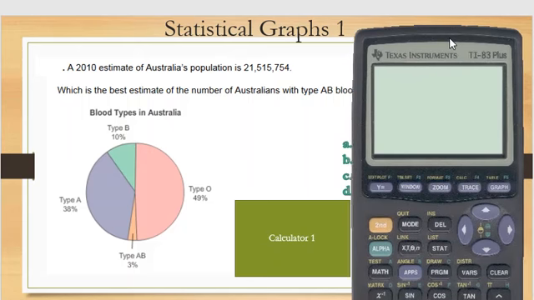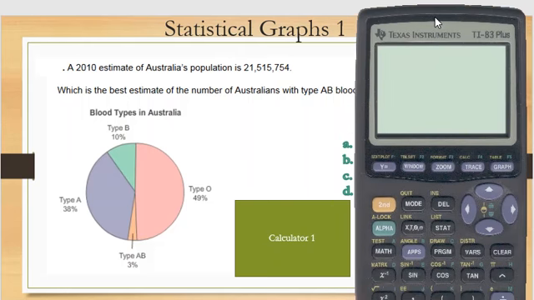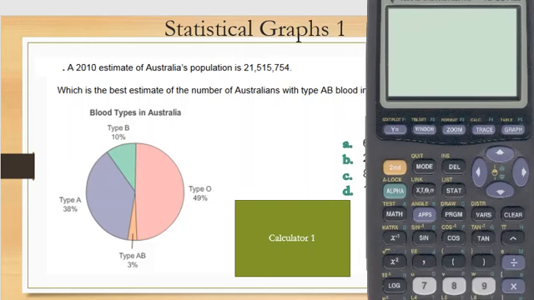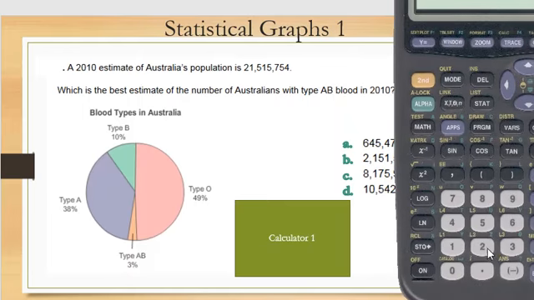And I apologize, in my example, I figured it out for type A. So what you're going to do is I'm going to put my screen up here for just a second and type all this in. You're going to take 21,515,754.